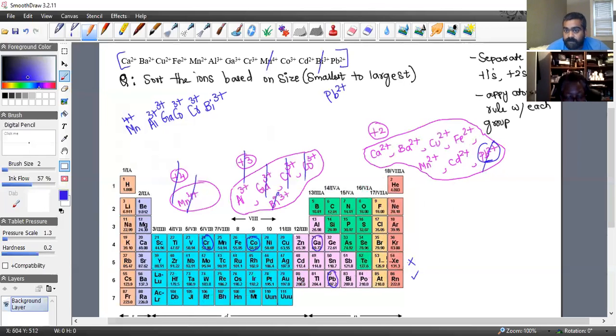Is there any other element in the same row as Pb before you go to the 5th row? Yes, there is. Ba. Barium. Is barium to the left or right of Pb? To the left. So is it bigger or smaller? It's bigger. Very good. So Ba 2+ goes here.